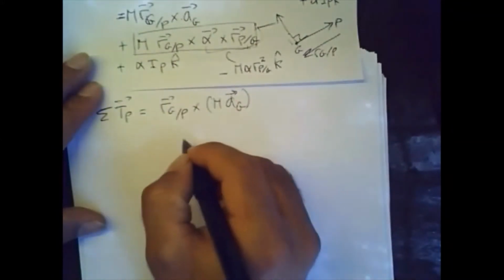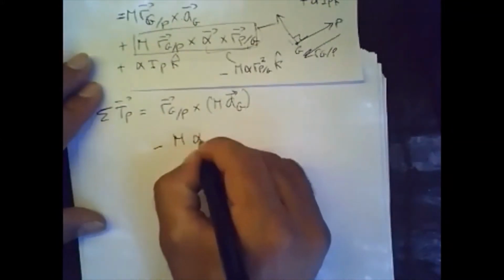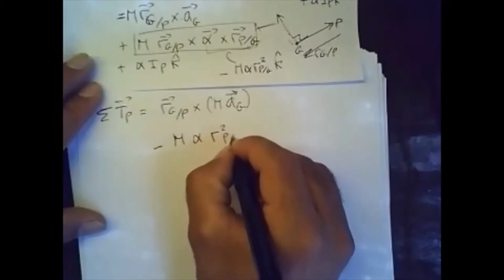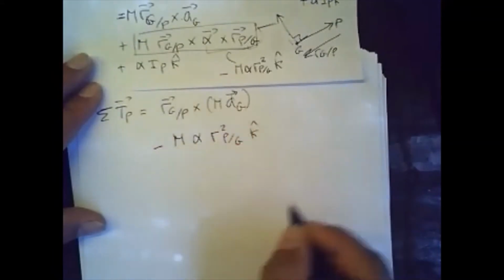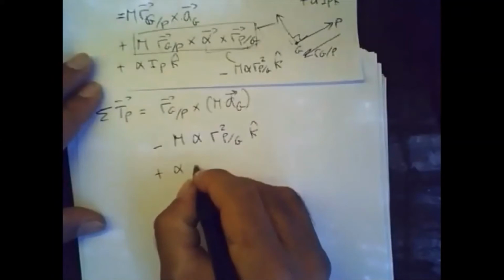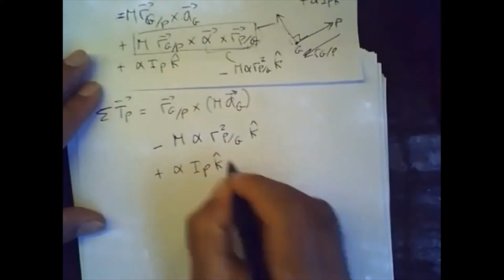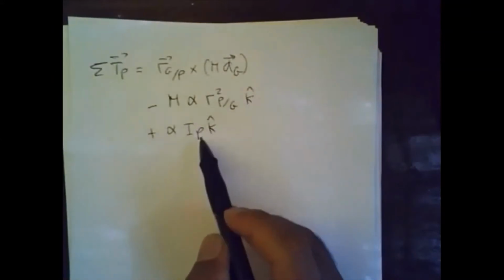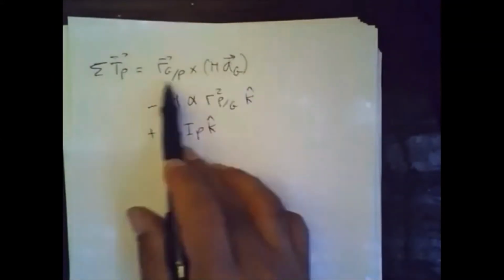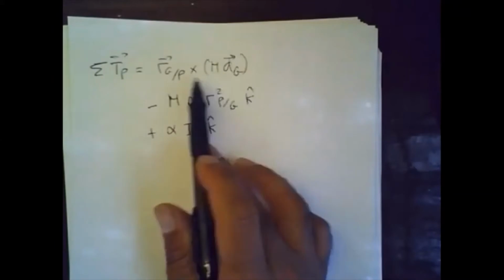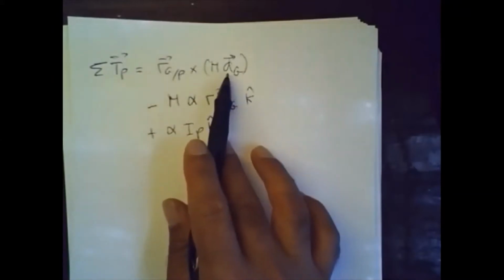The second term is minus M alpha R squared PG K, plus the last term alpha IPK. So you see basically this guy and this guy are in the k direction.